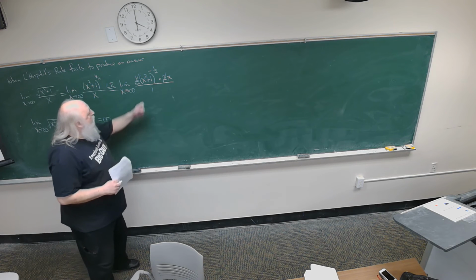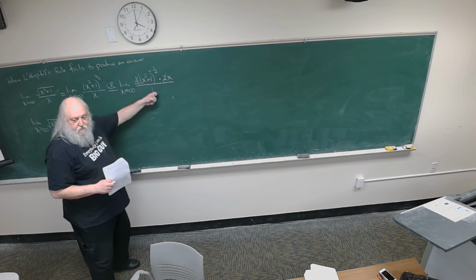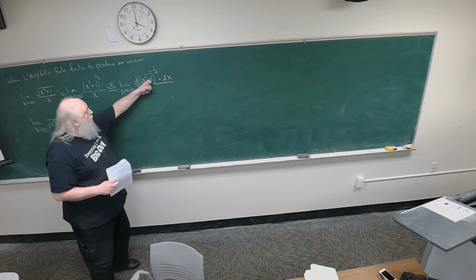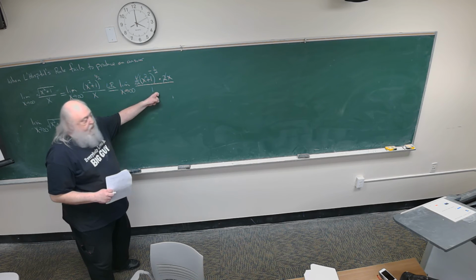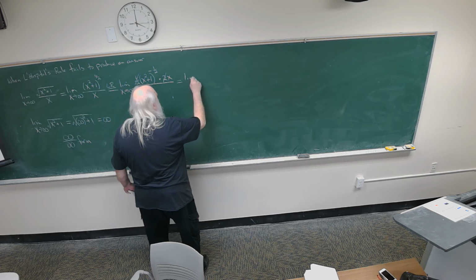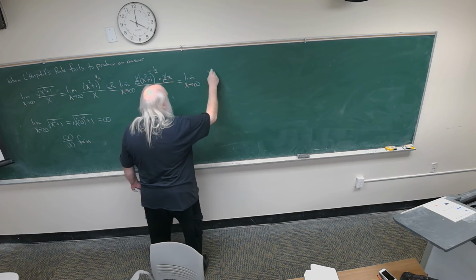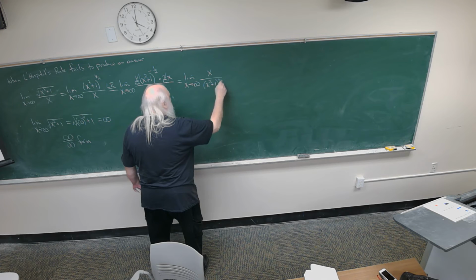And anything raised to a negative exponent means reciprocal, so I can bring x squared plus 1 to the minus 1/2 down into the denominator. And so we're left with x over x squared plus 1 to the 1/2.